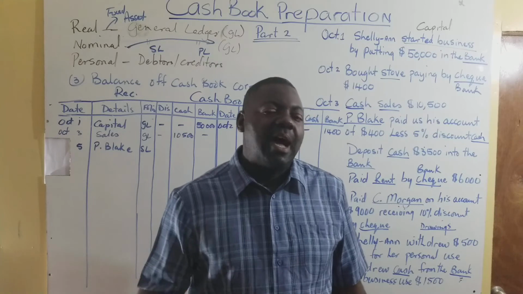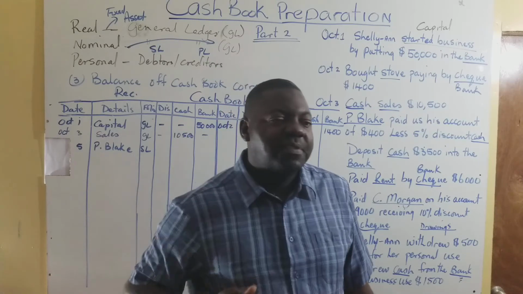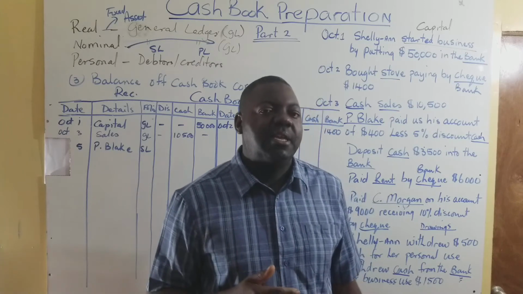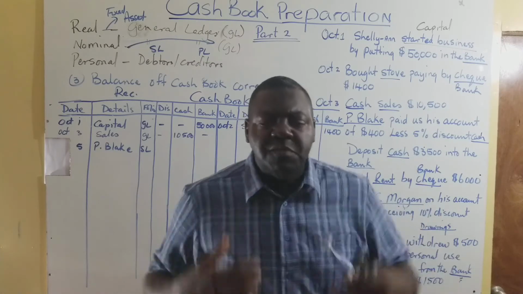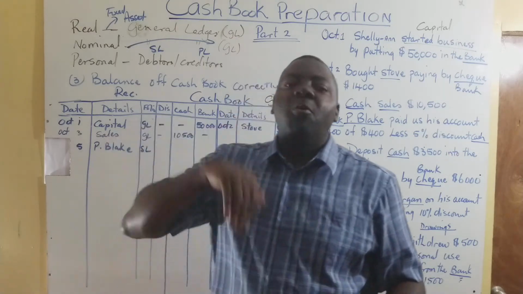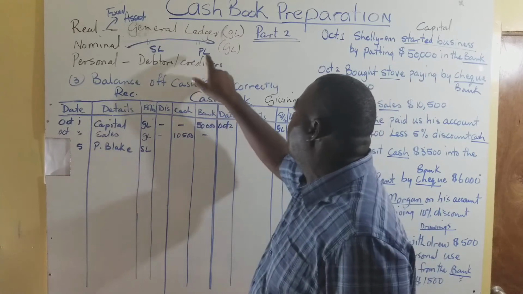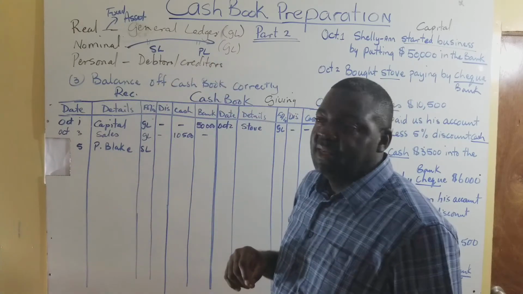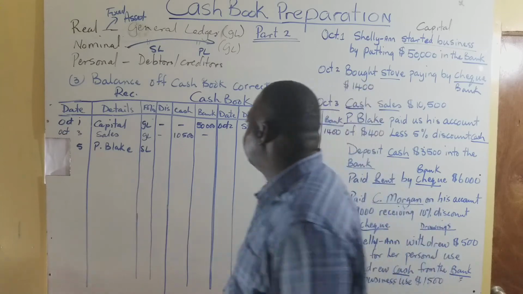So Blake would have been receiving goods from us on credit and is now paying for it. That's why we have SL and not PL, because we have sold him goods. That's why he's paying us, all right?